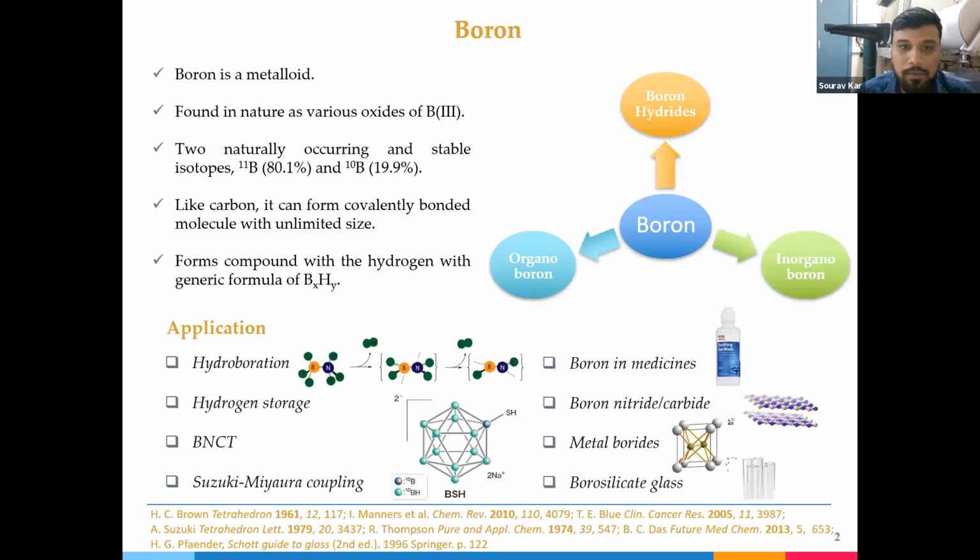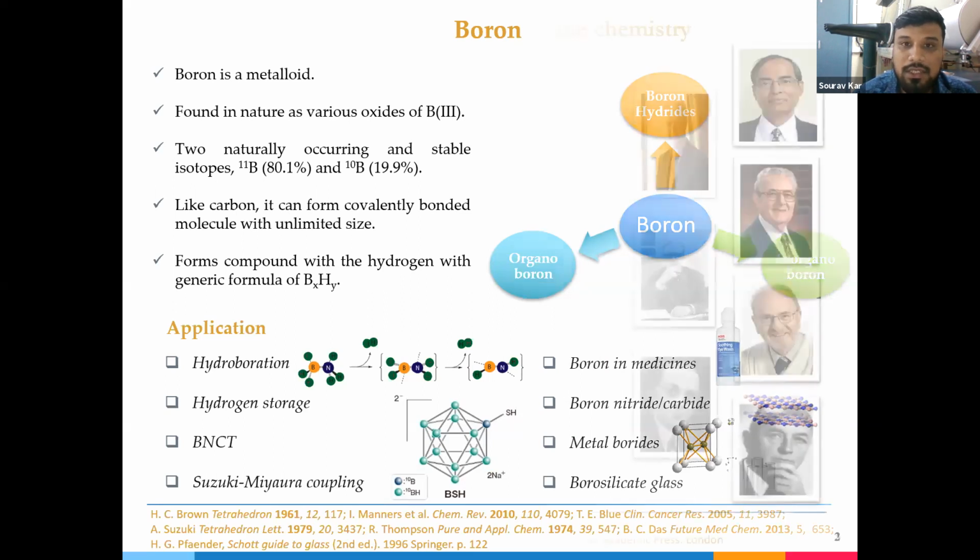They have two types of naturally occurring isotopes, 11B and 10B. Like carbon, boron has several types of compounds, such as boron hydrides, organoboron, and inorganoboron. It has a wide range of applications, starting from hydroboration, hydrogen storage, BNCT, borosilicate glass formation, metal borides, and so on.